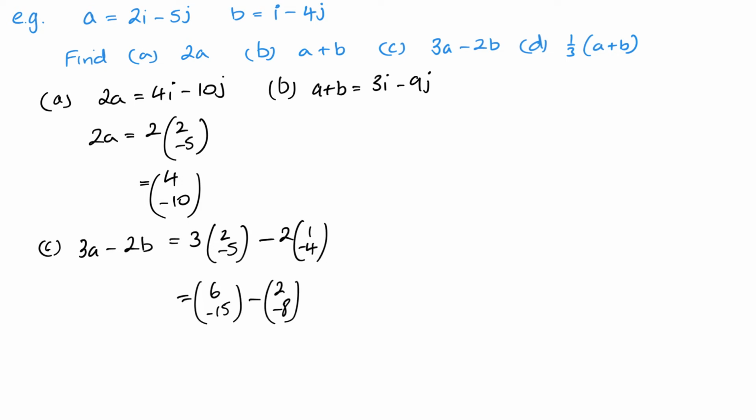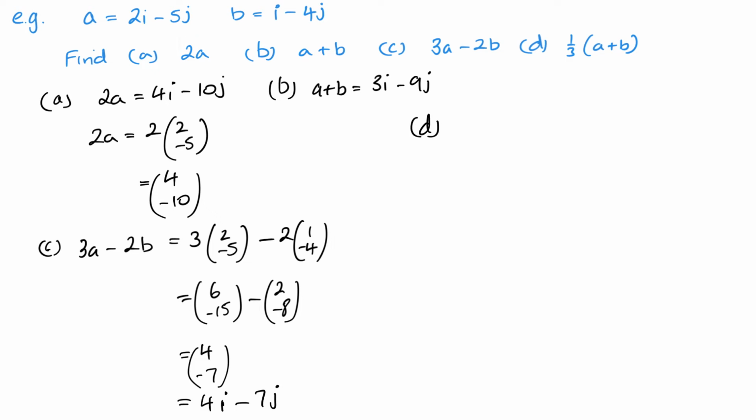Now you can see it's quite easy now. 6 minus 2 is 4. And then negative 15 minus minus 8, so negative 15 plus 8 is negative 7. And then of course I can write this as 4i minus 7j.